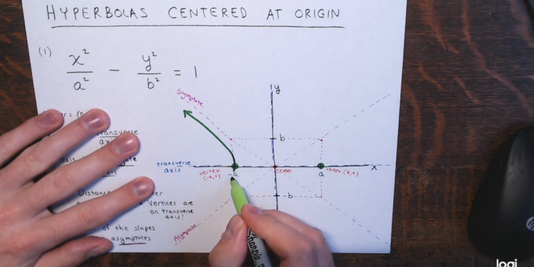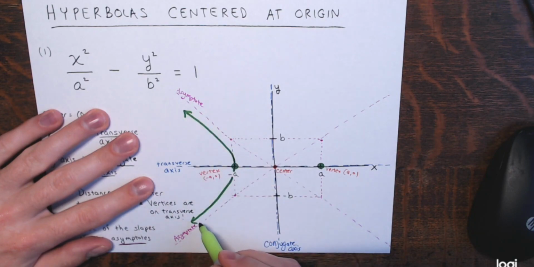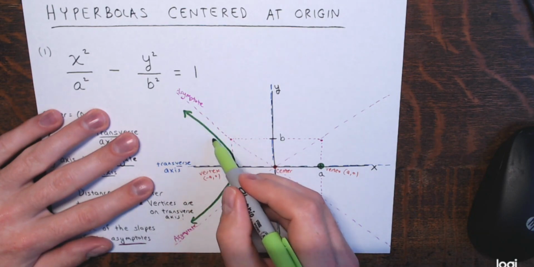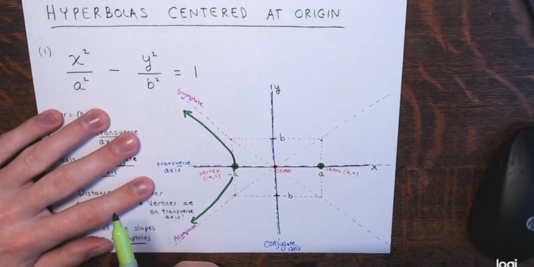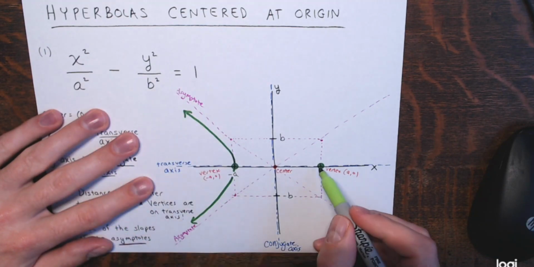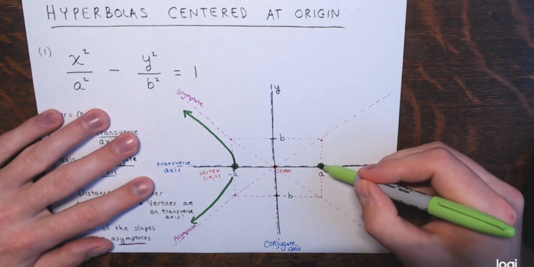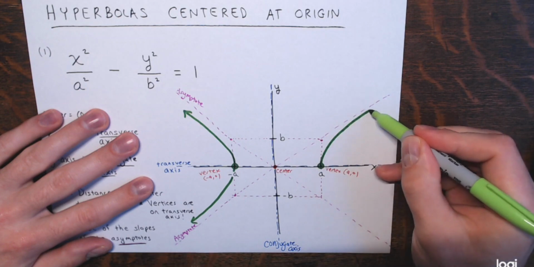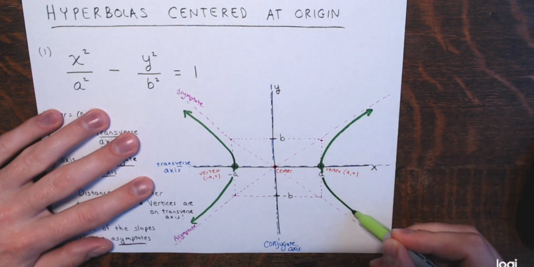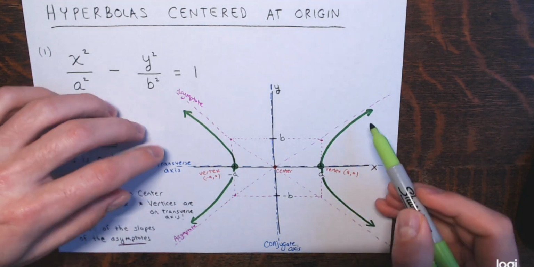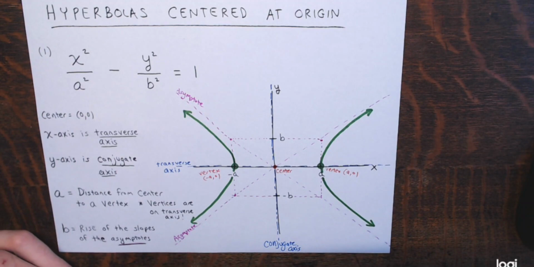And then the same thing down here. Right, and this is called one branch of the hyperbola. So all these green points I just drew are solutions of the equation, supposedly. And then the other branch of the hyperbola runs through the other vertex and approaches the asymptotes, again, as you get further away from the center. So something like this. Okay. And these two branches are actually the graph of your hyperbola.